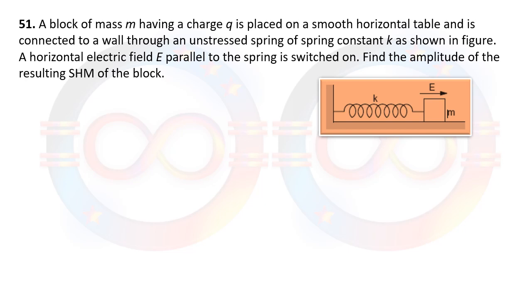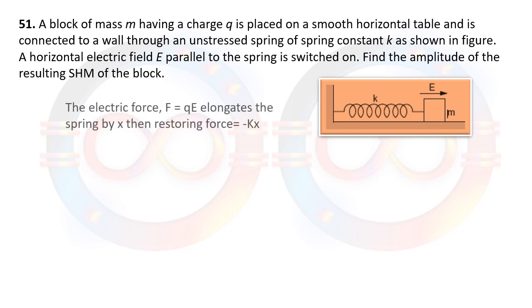See, if we see the horizontal electric field in the direction shown in the diagram, it is going to apply a force F = QE. When m experiences this force, it moves away from its path, which means the spring is going to be elongated. Now the spring would be applying some restoring force, F = -Kx, because it is in the opposite direction to the applied force.